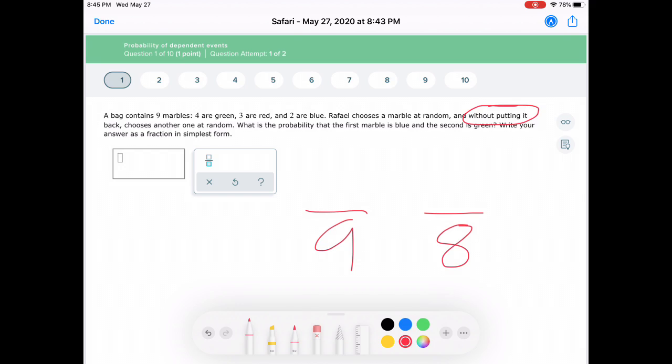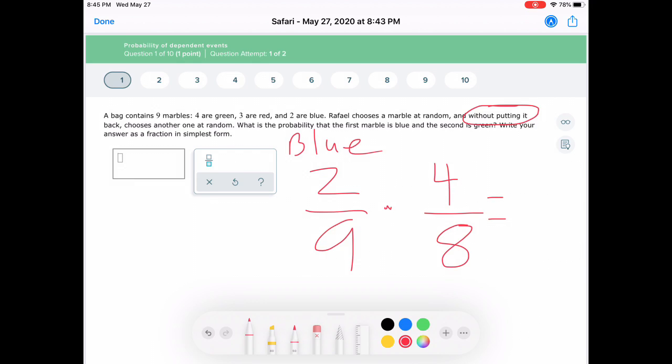They want to know the probability that the first marble is blue. For this first fraction, we have 2 out of 9 marbles that are blue. Then for the second marble being green, there are still 4 green marbles left, but remember, there are only 8 total marbles left. So we're looking at 2/9 times 4/8.